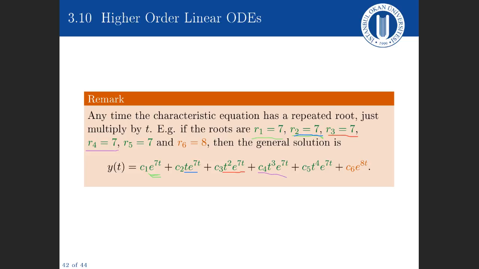Now our fourth function is t cubed e to the power 7t, and so on. If we have r5 is 7, then again, multiply by t. Our fifth function will be t to the power 4 e to the power 7t. And then the sixth root is a different number, so we can just forget about the t's and go back to just e to the power 8t.